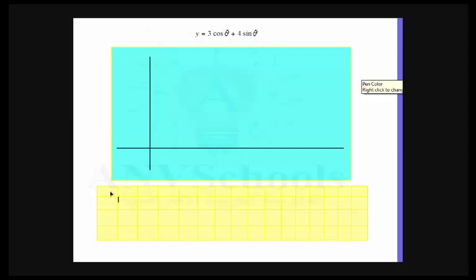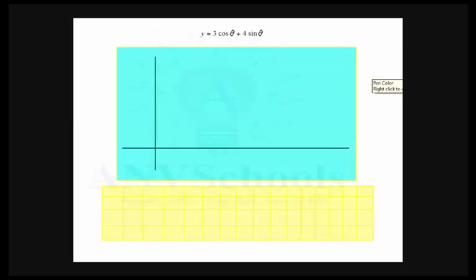So the first row, this time we're going to use the row. First row will be for theta. The second row will be for y1, y2, and the combination as y3 or y. So let's have y1 here, y2 and y3 on the last row.